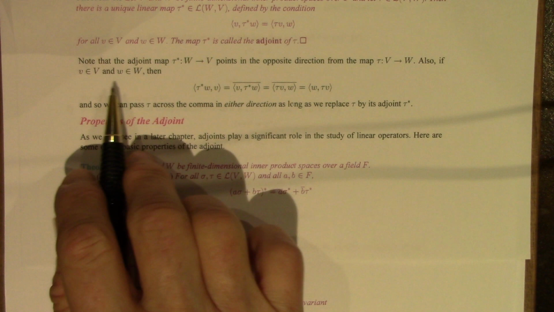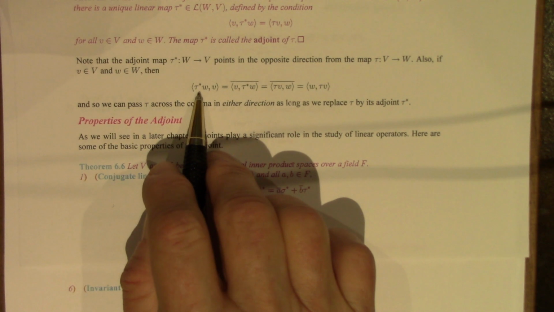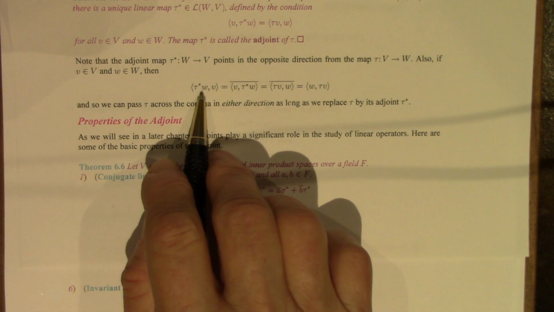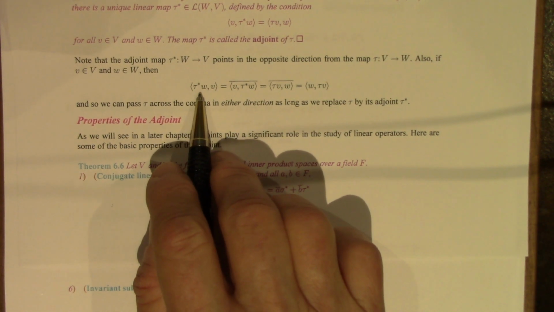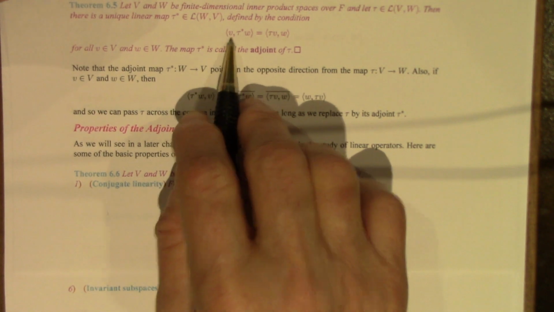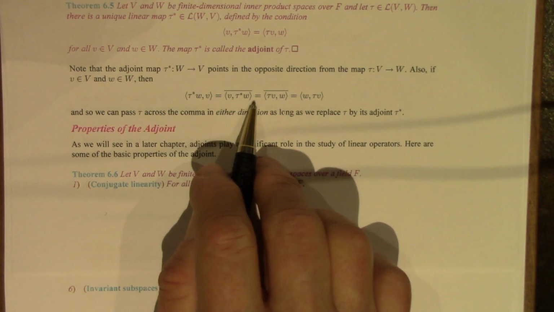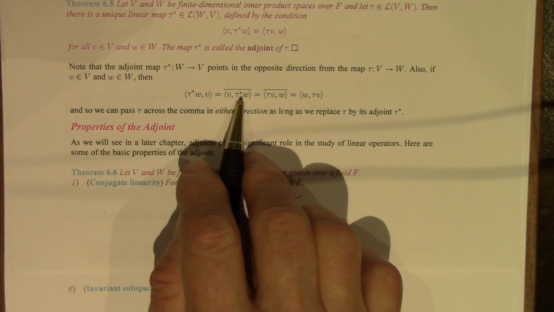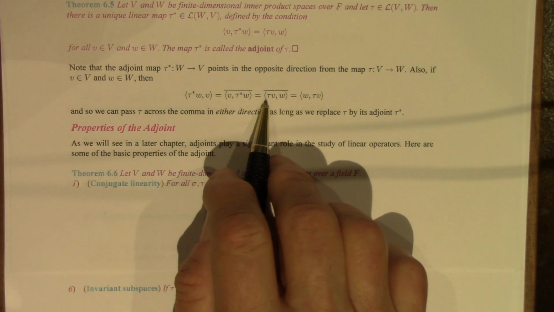Also, for two vectors little v and little w, if I put tau star w comma v, tau star sends w to a vector in V, so this makes sense. But now the star is in the first coordinate rather than the second coordinate. Well, I can fix that by conjugate symmetry. And now I can move the tau star back to the first coordinate, it becomes tau.